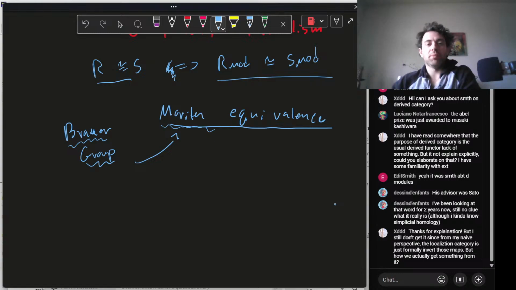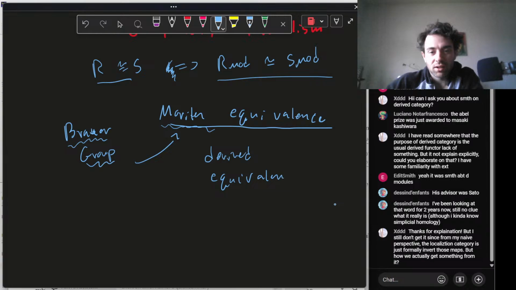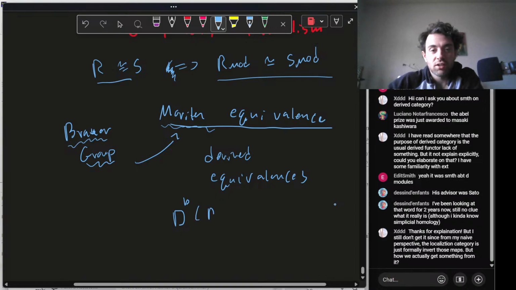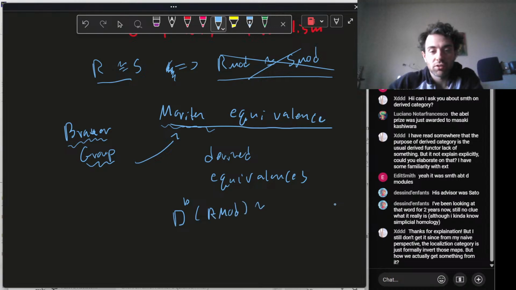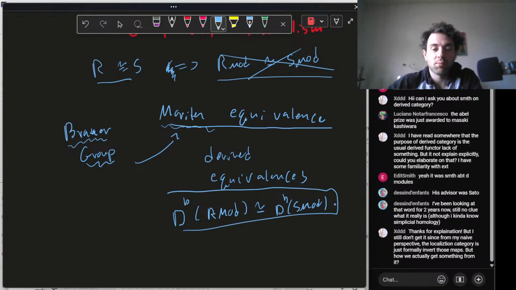But okay, so some people say, are there weaker equivalences we could take? And yes, indeed, there's something called derived equivalences. One of the advantages of derived equivalences is that instead of asking that the module categories themselves are equivalent, you could say, well, maybe the derived categories of these modules are equivalent, and you can go on to ask the same sorts of questions.